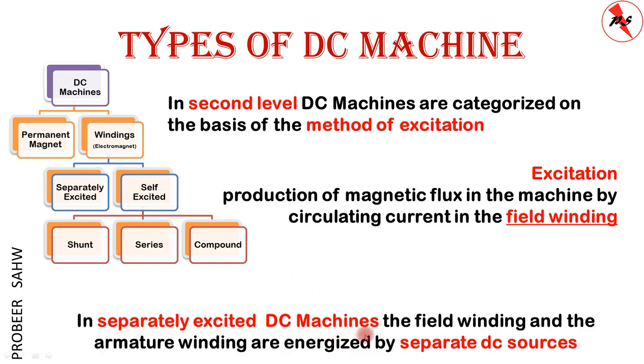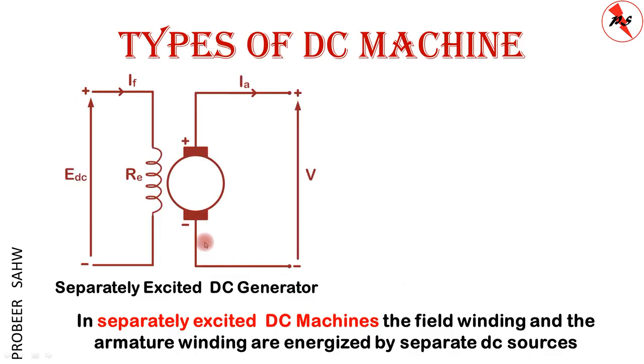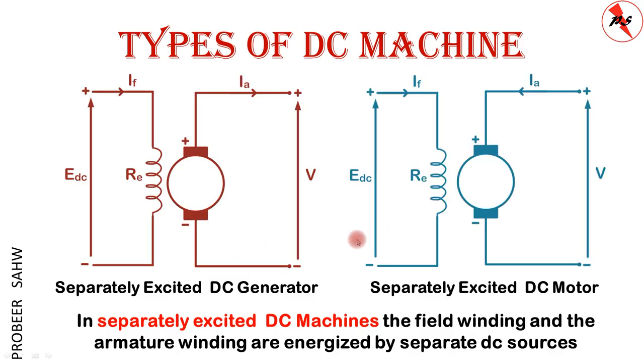In separately excited DC machines, the field winding and the armature winding are energized by separate DC sources. We know there are two types of windings in DC machines, the armature winding and the field winding. If the field winding and the armature winding are energized by different sources, then it is known as a separately excited DC machine. This is a separately excited DC generator and this is a separately excited DC motor.